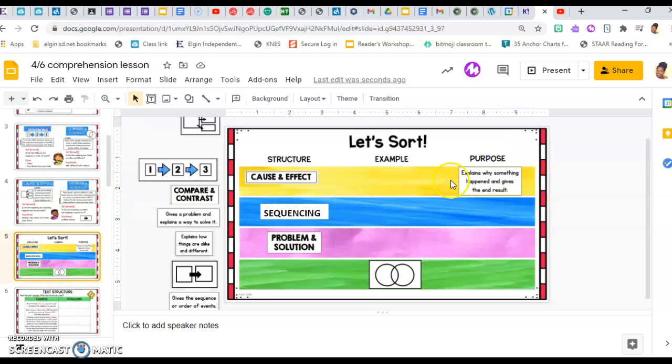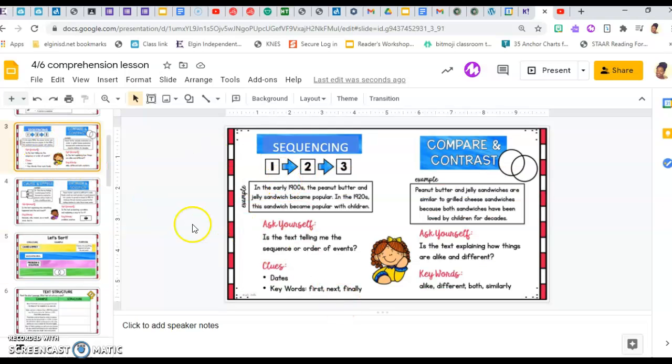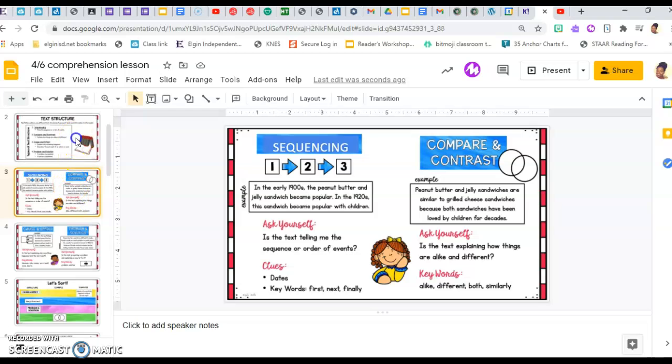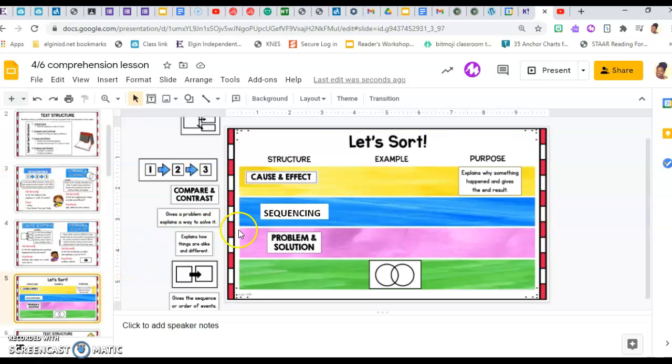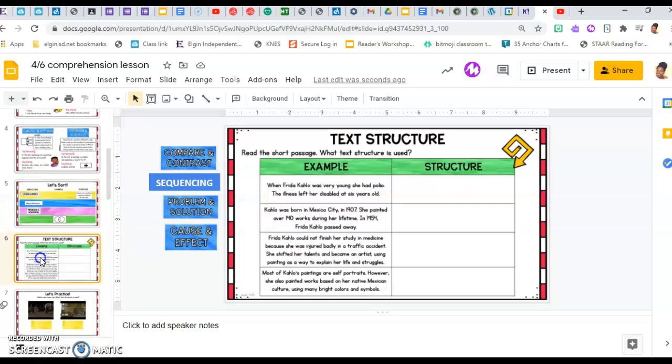And in the last column, they're asking you the purpose of that text structure, which you could find on these three slides that we just went over. Next, you are going to read each short passage, paragraph, and then you are going to tell what the text structure is for each paragraph. You'll just pull it over.